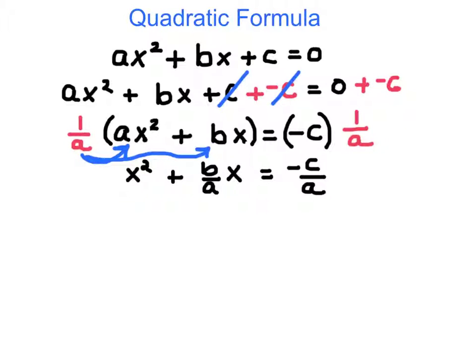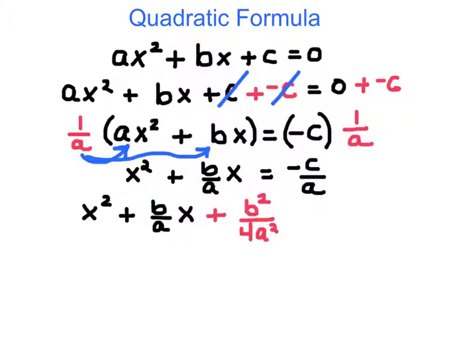Now let's take the left-hand side where I have x squared plus b over a times x, and I'm going to add to this side b squared over 4a squared.